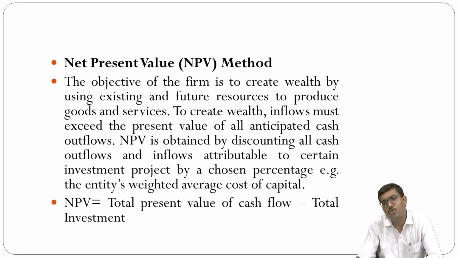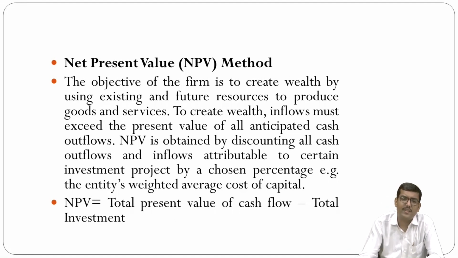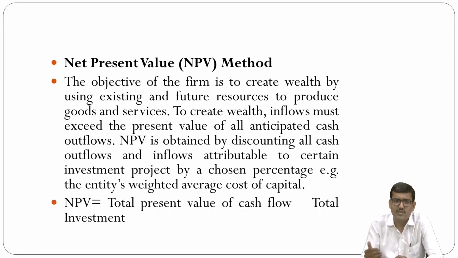Now let us move to the discounted method, or time adjusted method. In that, first is the NPV method, that is net present value method. The objective of a firm is to create wealth by using existing and future resources to produce goods and services. And to create wealth, inflows must exceed the present value of all anticipated cash outflows.